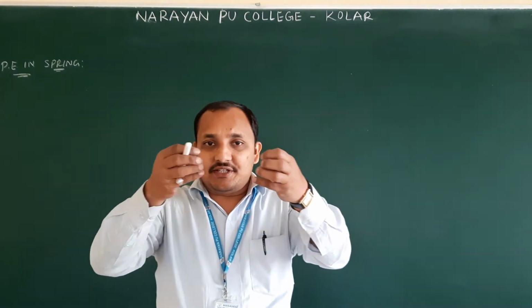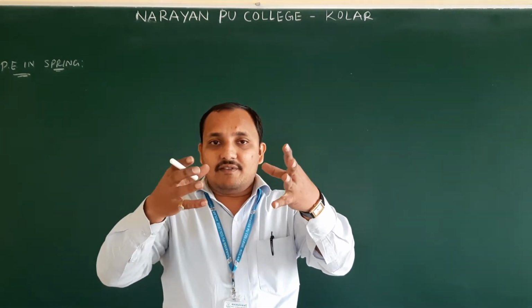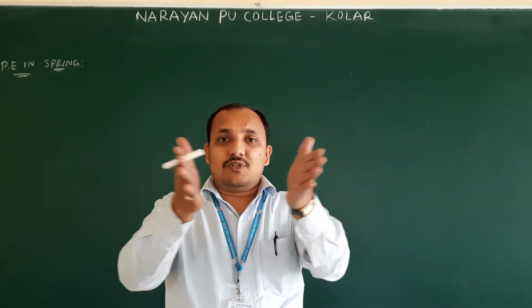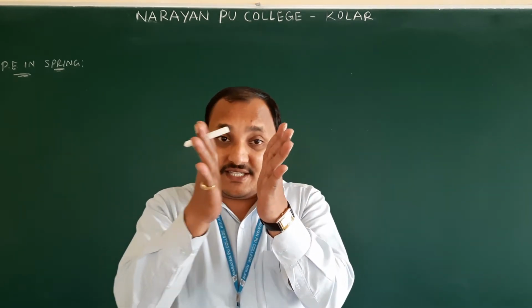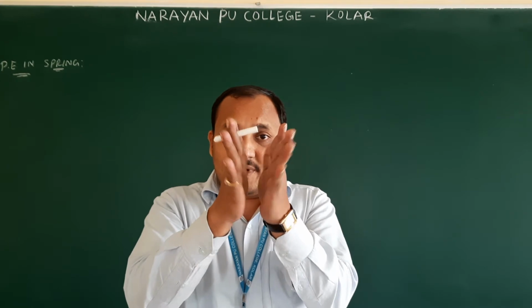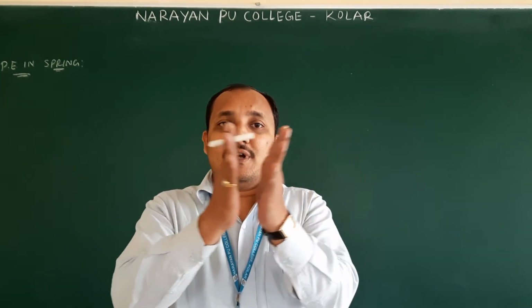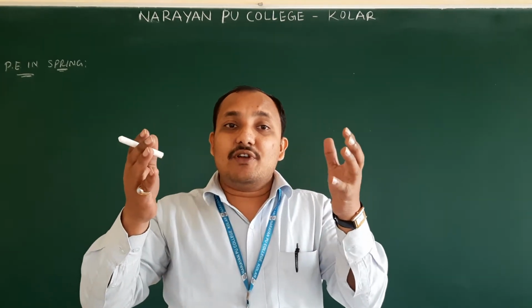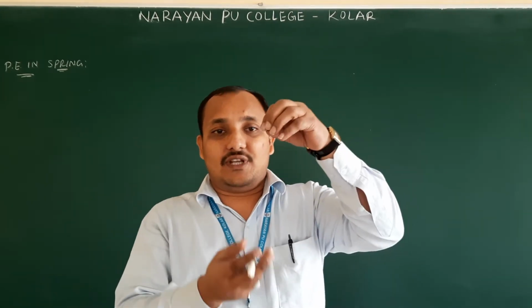After leaving the applied force, the spring will come back to its original position. Whenever you are compressing the spring, if you leave the applied force, then the spring is going to expand, isn't it? So whenever you are elongating, the spring is going to pull against that force.